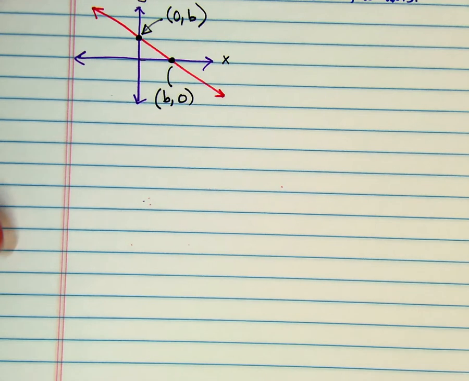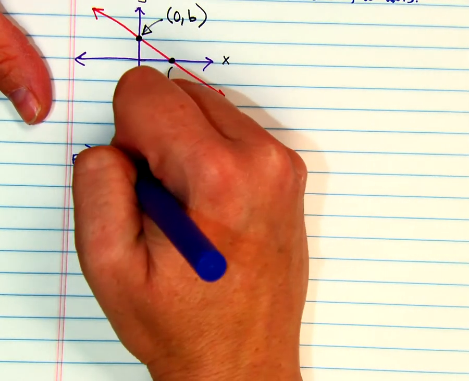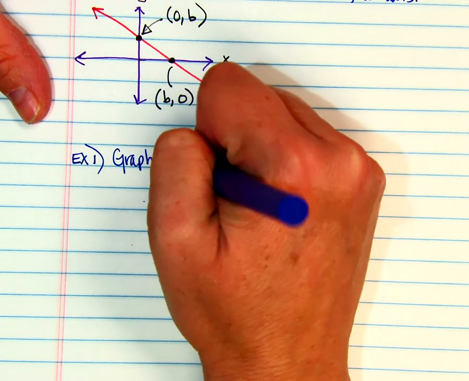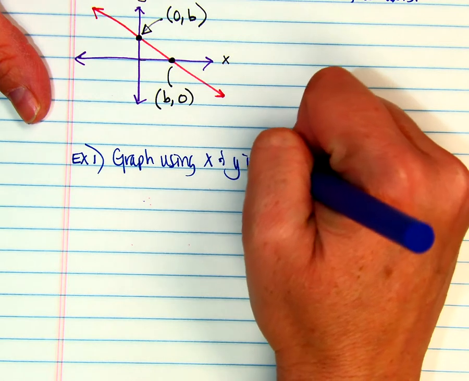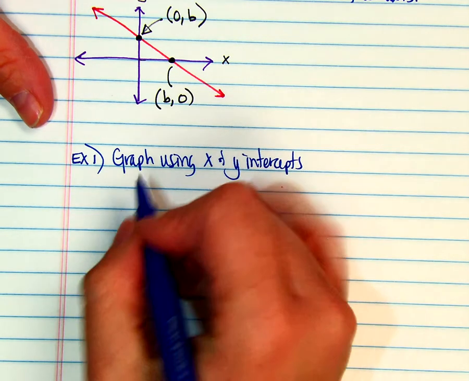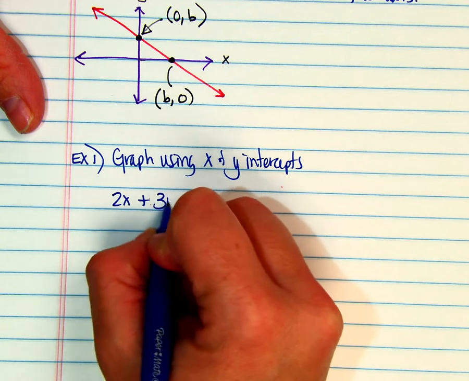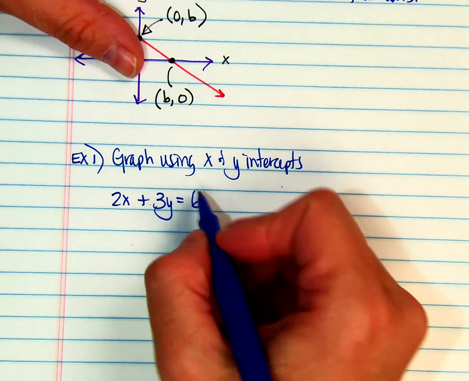So if you have an equation, like this example 1, I want you to graph using x and y intercepts. We're going to make this one a little bit easy. So if we have 2x plus 3y equals 6. That is a 6, not a b.